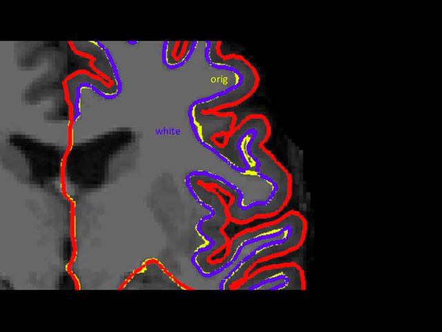What I have traced out in blue is the white matter boundary. That's like a more refined guess about where the white matter boundary is. And then from that, it expands outwards until it hits the edge of the brain, and then it labels that as the pial surface, which I have in red.